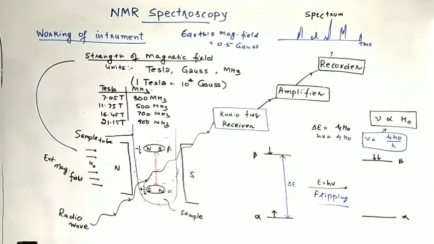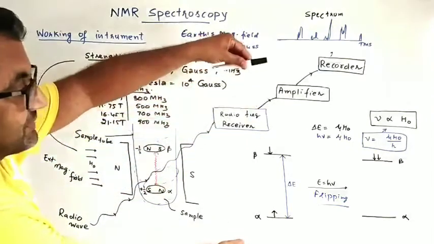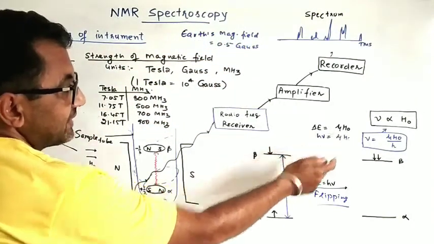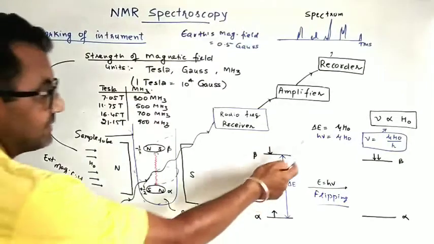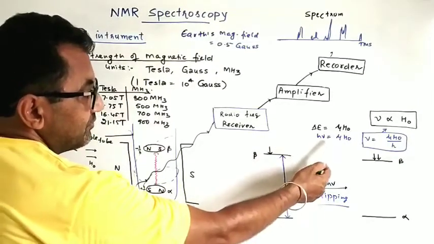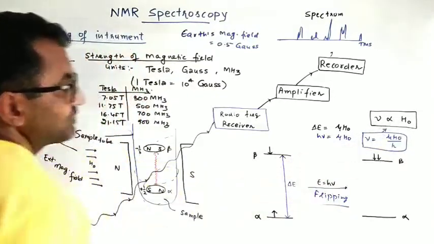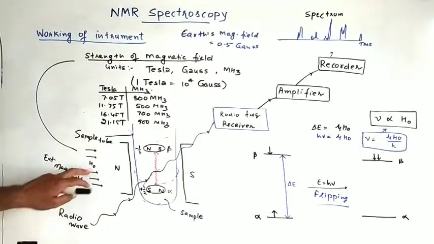As we can see, when we are using a strong magnetic field strength, the difference increases and we require more frequency. You can see here delta E is equal to mu H naught, delta E equal to h nu, so nu becomes equal to mu H naught by h. So nu is directly proportional to H naught, your external magnetic field.